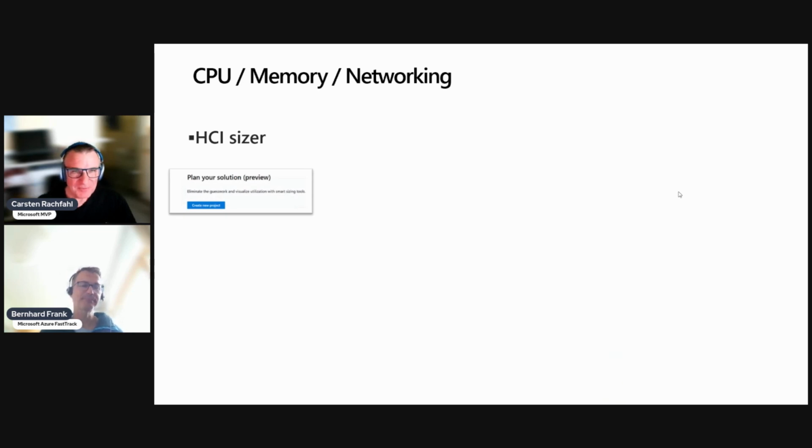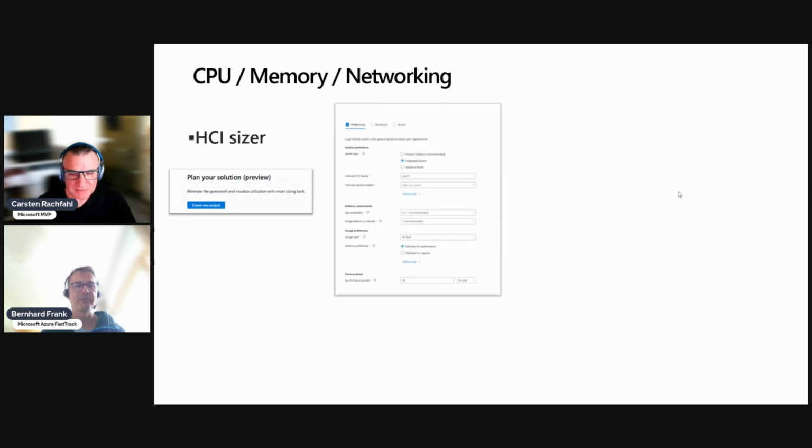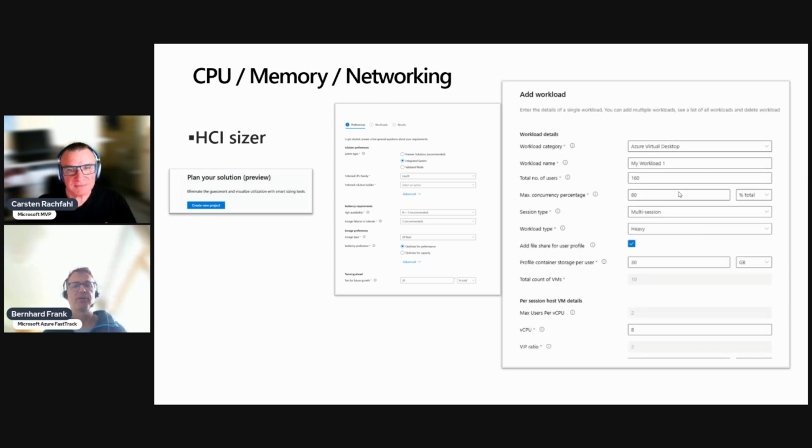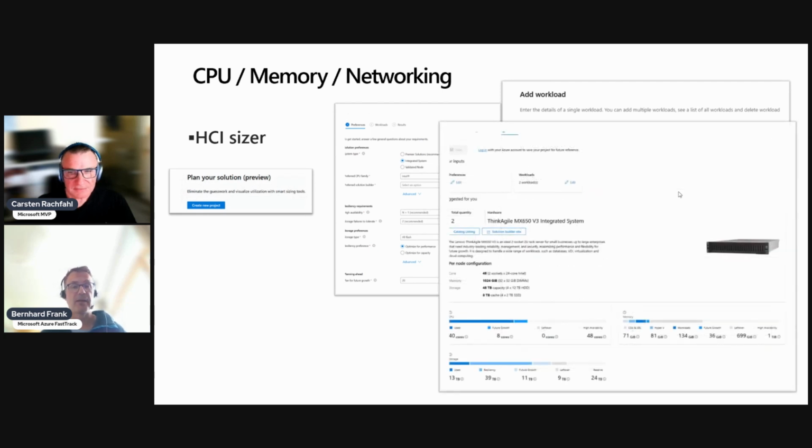So what about the other stuff and the other sizing like CPU, memory, and networking? There is a sizer tool out there that gives you the opportunity to pre-select some hardware and also shape the workload a little bit, and gives you some sample setup where you end up.